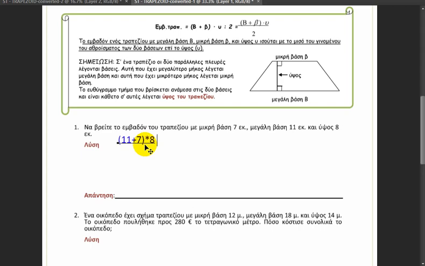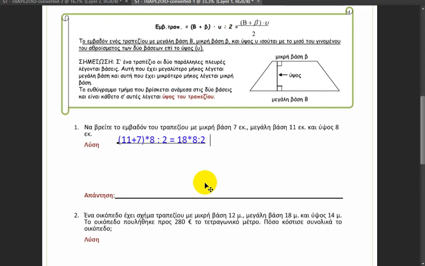The division symbol can be either written like this, which is the fraction line, so you can see that here where everything needs to be divided by 2, or you can write it like this, which is the classic division symbol. You see it written like this here as well. 11 plus 7 makes 18, and we need to multiply that by 8 and then divide by 2. So let's do 18 times 8.